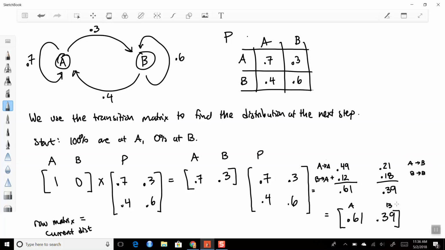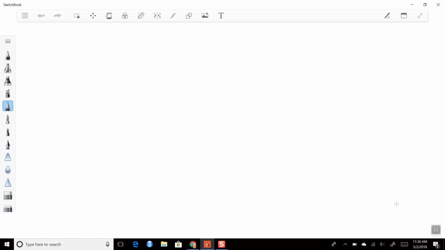What we want to find is a stationary distribution, which we will call pi.